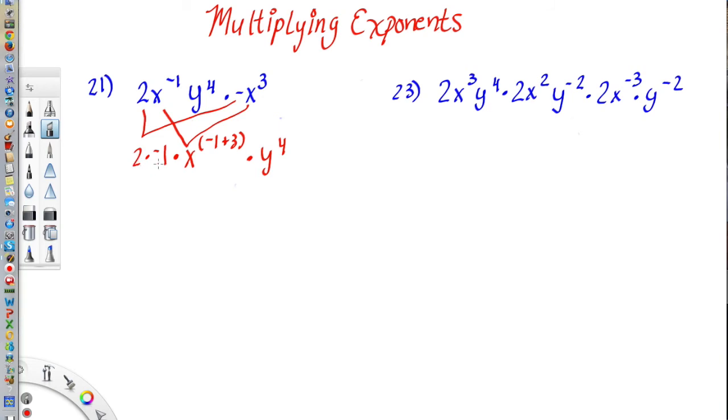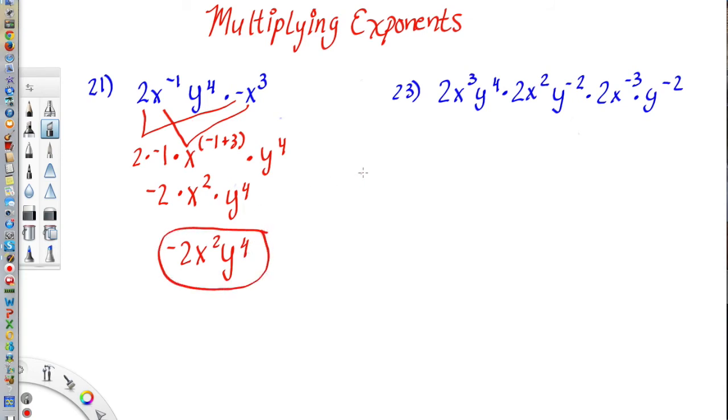I take 2 times a negative 1, and that'll give me a negative 2. I've got x to the negative 1 plus 3 power, and that's going to be x to the second power times y to the fourth power. When I put it all together nice and neat, I've got a negative 2x to the second power times y to the fourth.